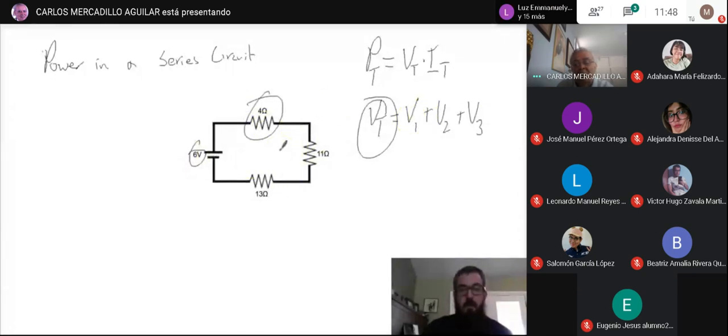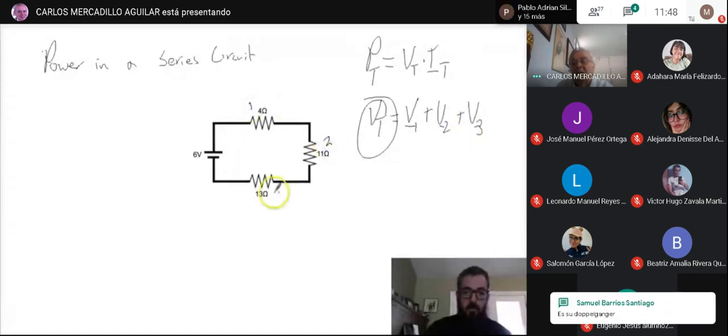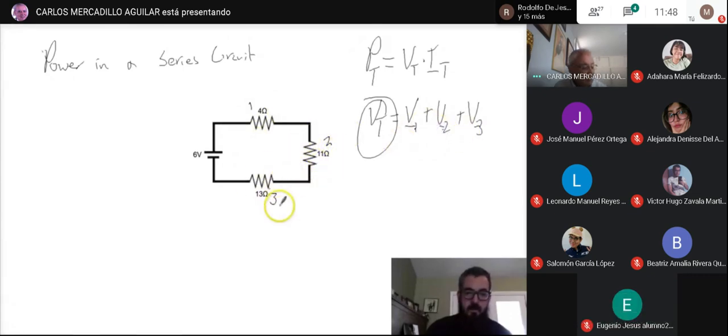So we're not super concerned about the voltage drop here, here, or here at 1, 2, or 3, right? Because this 1 stands for this one, this 2 stands for this resistor, and this 3 stands for this third resistor, okay? So what we're concerned with is the voltage total, which is going to be 6 volts, okay?